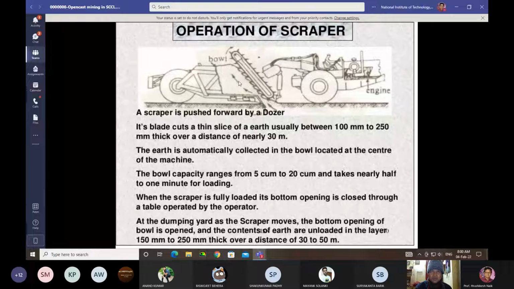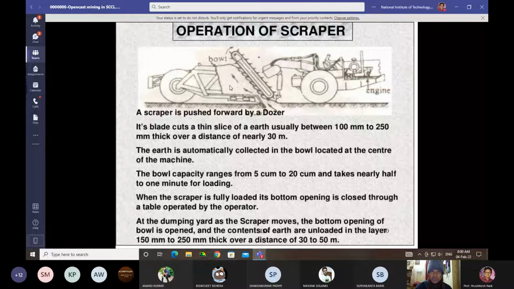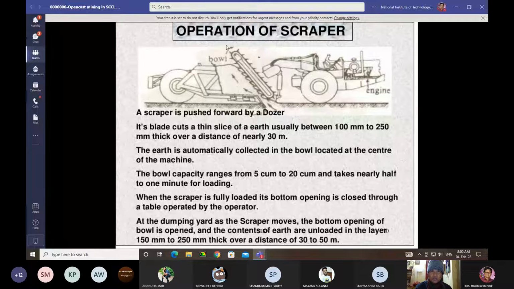So this chain moves in the clockwise direction and the material is collected in the bowl. So the scraper is pushed forward by a dozer.